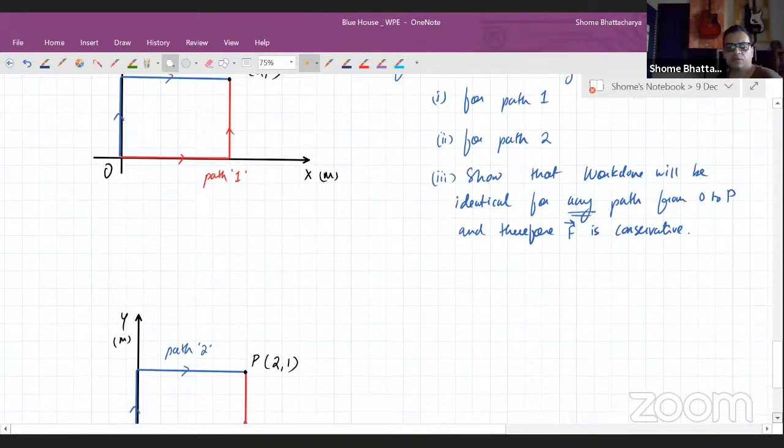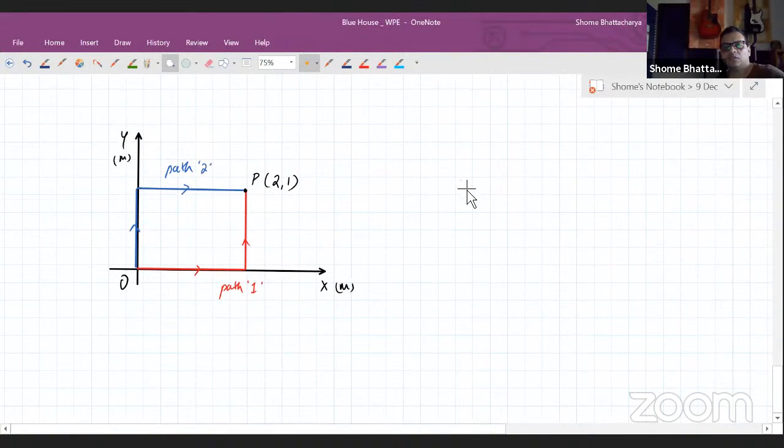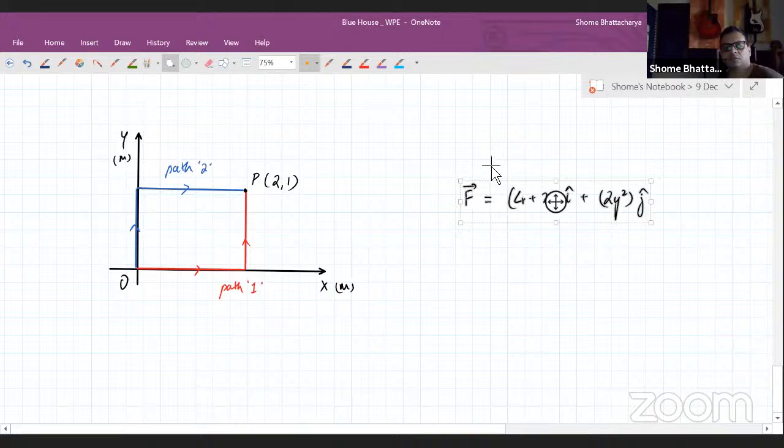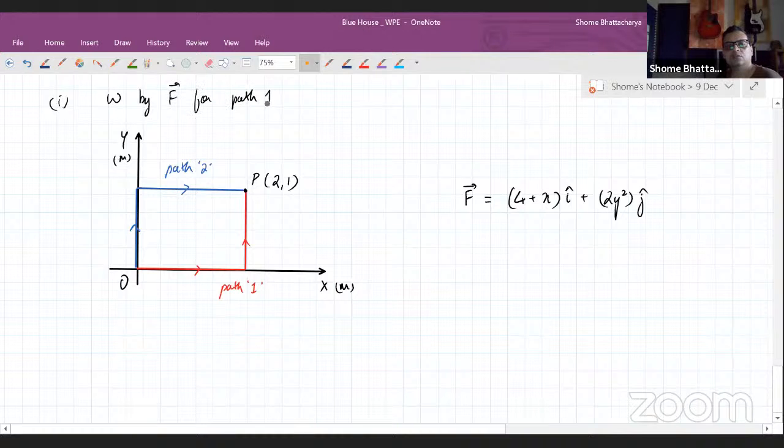So now let us actually calculate the path integration and work done by path integration for the first path. So the part 1 of the question, the work done by the force F for path 1. If I label this in-between point as A, its coordinates will be 2 comma 0.